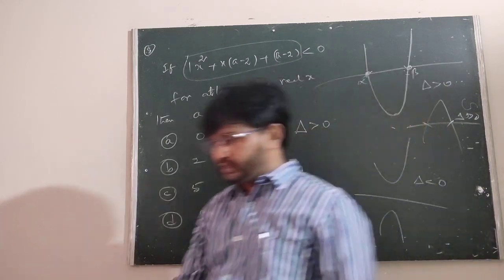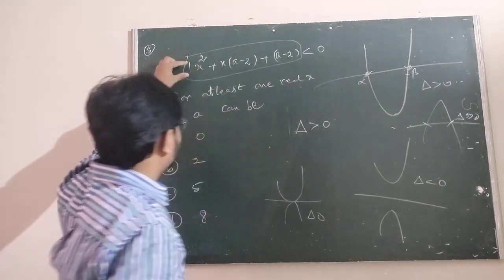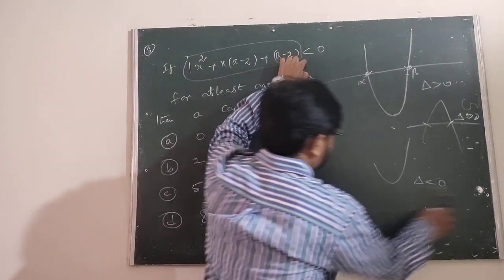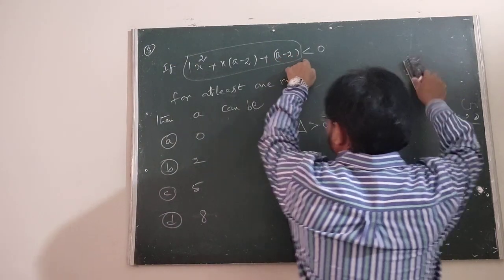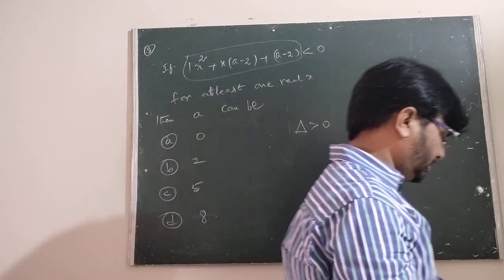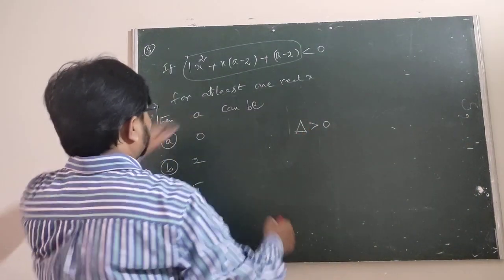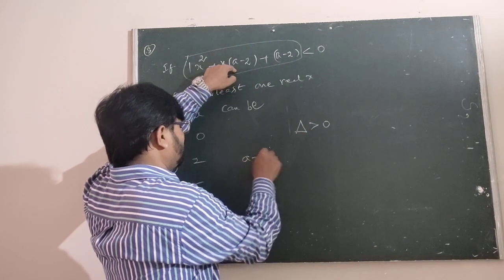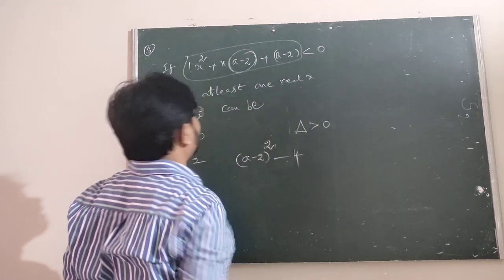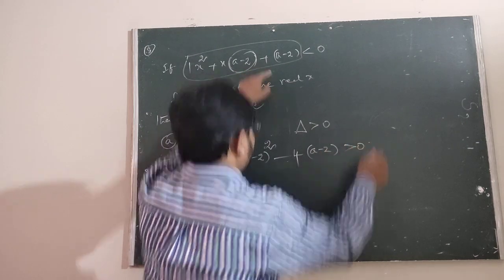But here, given that the expression and the coefficient of x square have different signs, because the expression is less than 0 but the x square coefficient is positive, the discriminant must be greater than 0. That means (a minus 2) whole square, b square minus 4ac, where a is 1 and c is a minus 2, greater than 0.